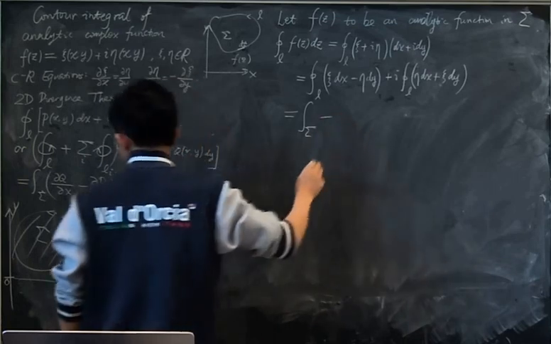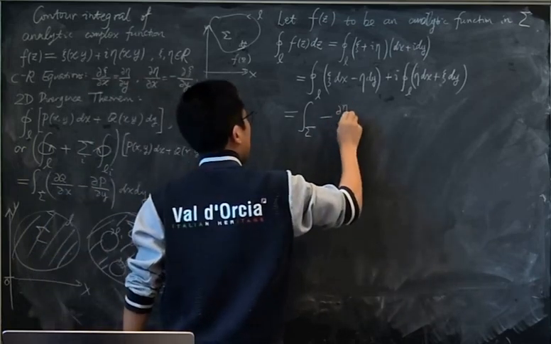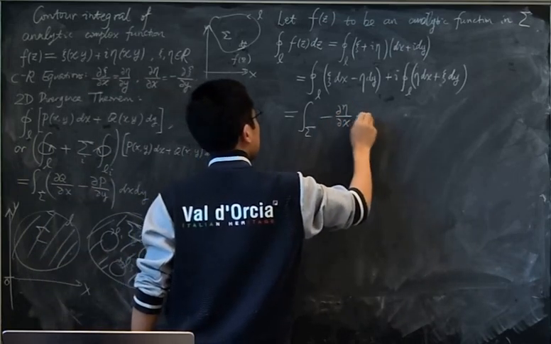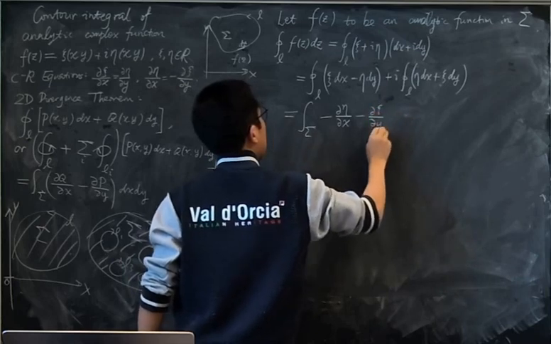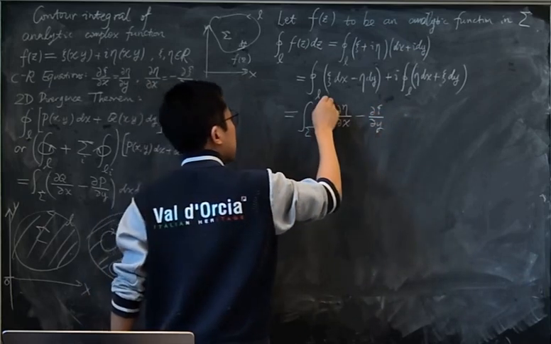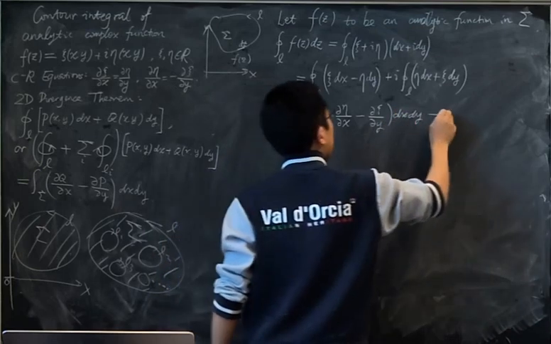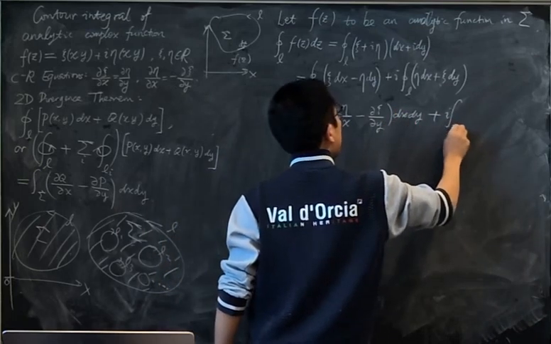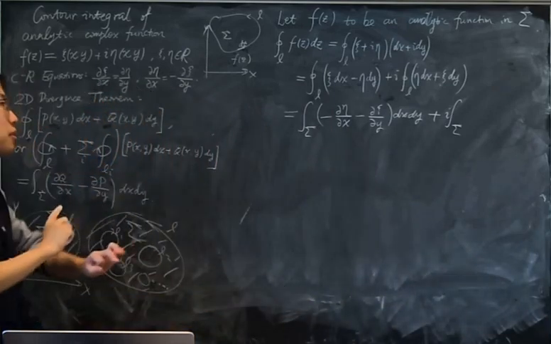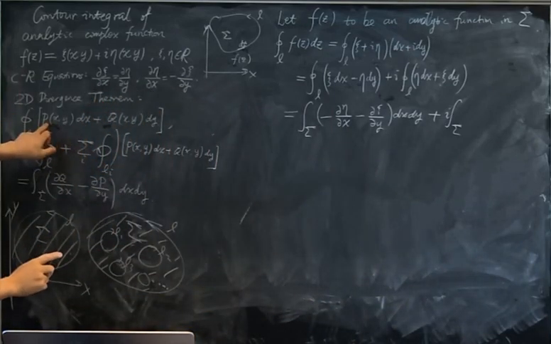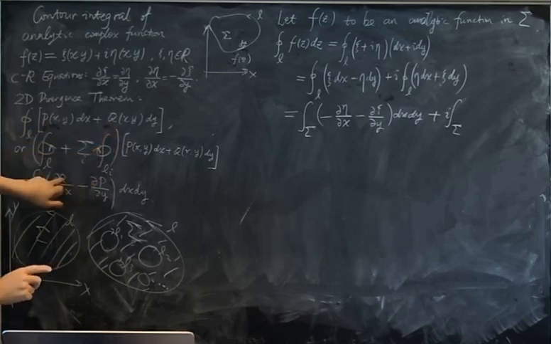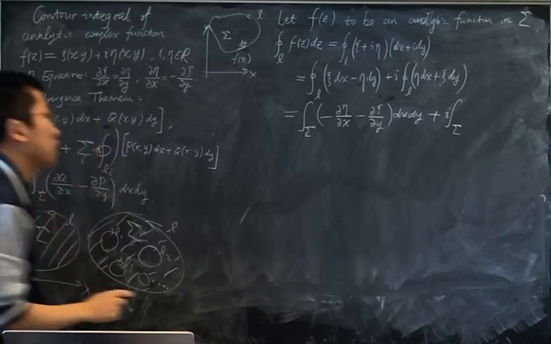That's literally negative these two things, dx dy, plus i times a surface integral of. Now we flip them. This is eta, this is xi, so this is xi, this is eta.